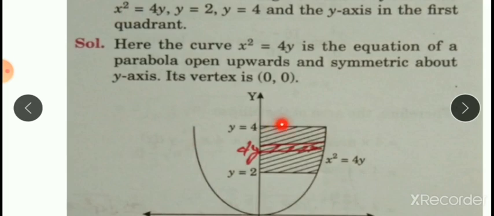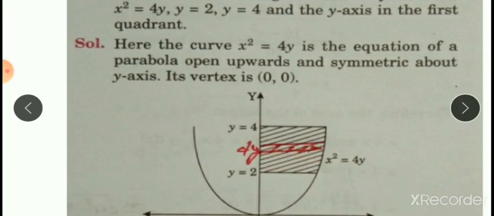See, this is our required area. Here it is in the first quadrant. This area is covered by the x square is equal to 4y graph, y is equal to 2, y is equal to 4, and the y-axis. This is our required area.